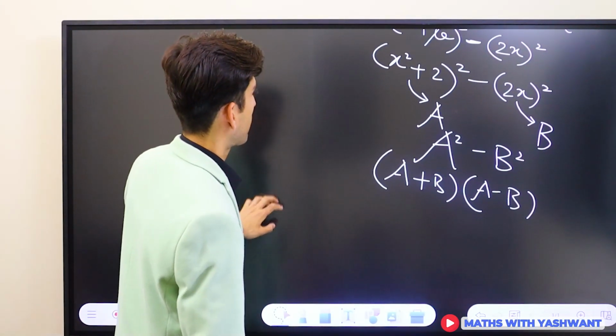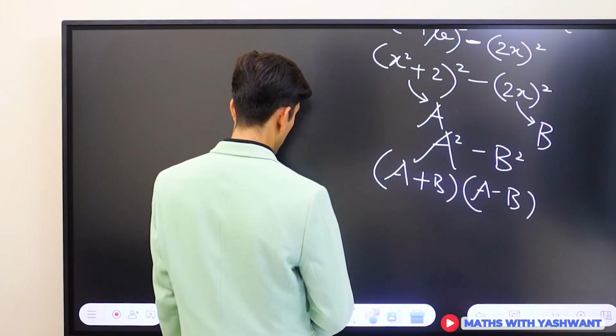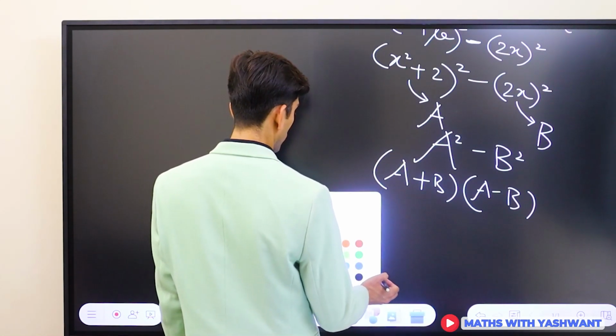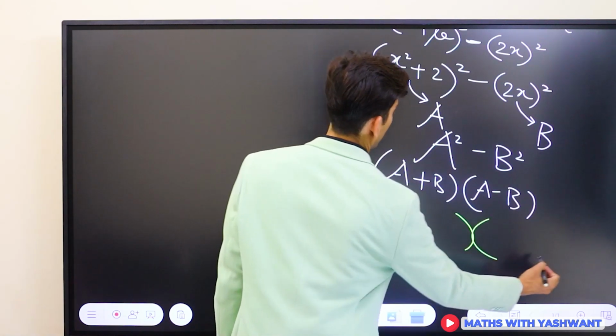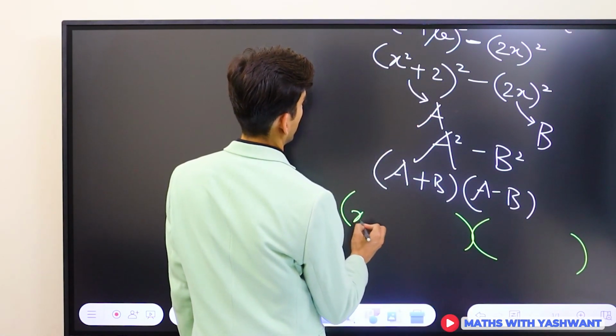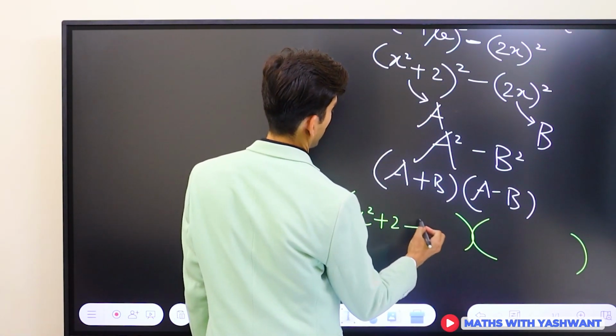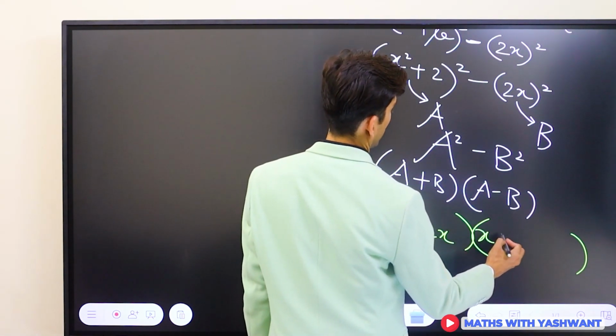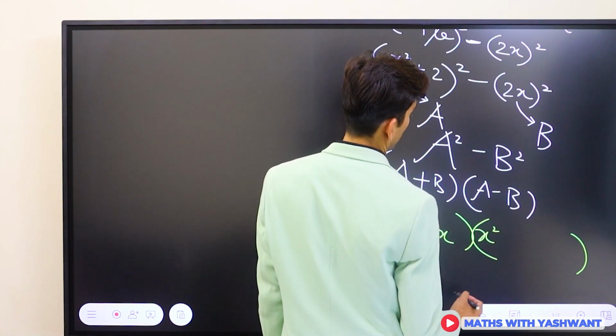So now we back substitute the values of capital A and capital B to get the final factorized form. I'm using a green pen to write the final factorized form. So capital A is x square plus 2, and we have a plus sign here, and capital B is 2x. And for the second bracket, we again back substitute the values.